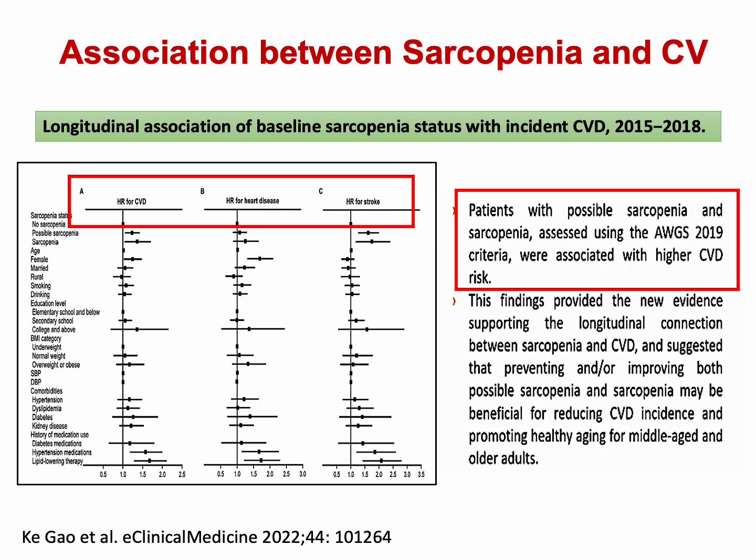These findings support the link between sarcopenia and CVD, suggesting that preventing or improving sarcopenia may help reduce CVD incidence and promote healthy aging in middle-aged and older adults.